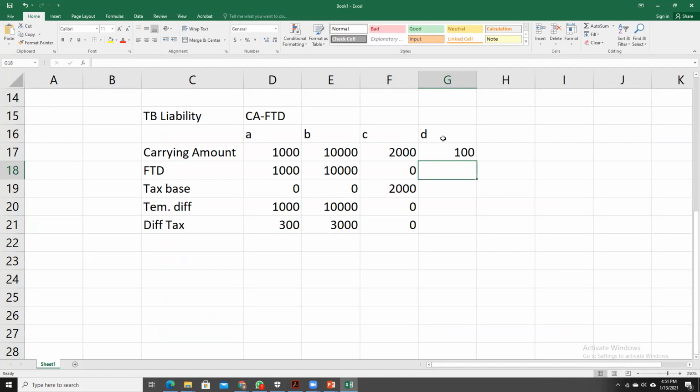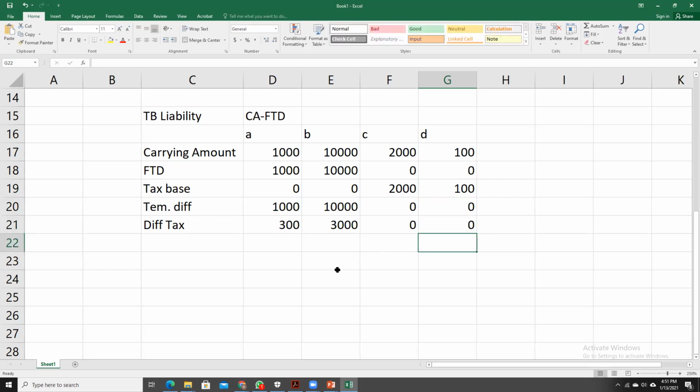No, the government will not accept the fine as an expense. So there is no future tax deduction on that expense. The tax base, how much? 100. And temporary difference? 0. And deferred tax? 0.